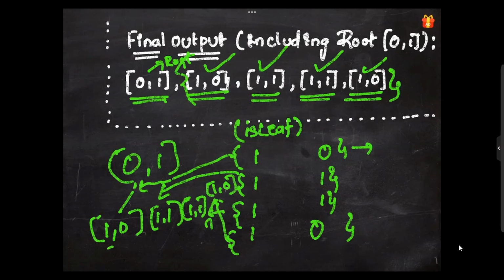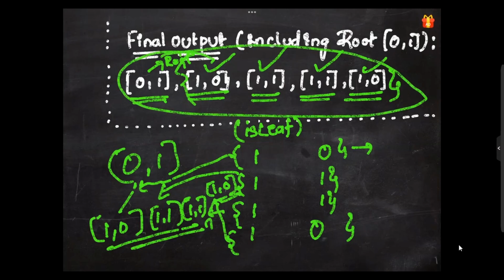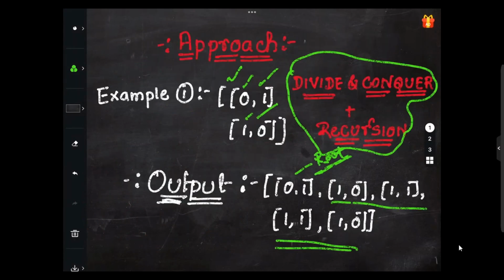So overall it would be 1 comma 0, 1 comma 1, 1 comma 1, 1 comma 0, right? 0 comma 1 is nothing but the root, followed by 1 comma 0, 1 comma 1, 1 comma 1, and 1 comma 0. So this is the output that we got, which is equivalent to the output they have given for example 1 within the question.